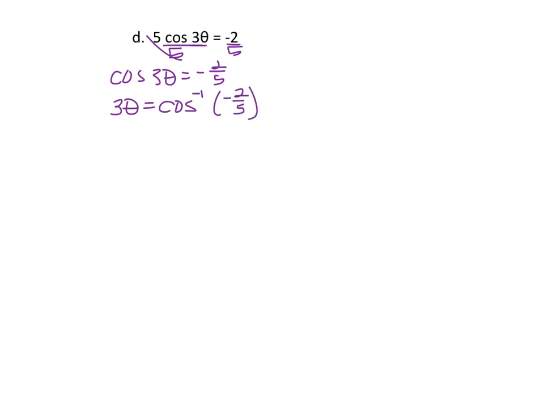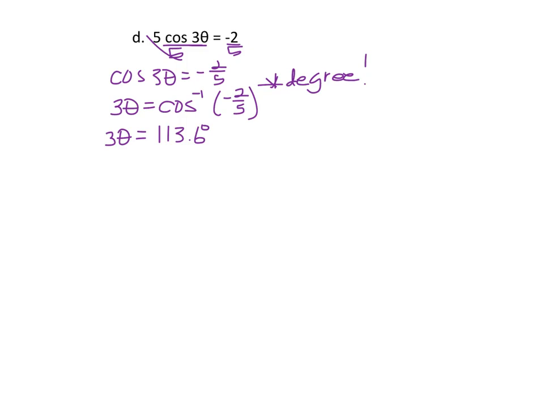Now 2/5 isn't one of our unit circle friendly locations, therefore we need to plug this into our calculator. And make sure your calculator is in degree mode. If you type in cosine inverse to the nearest tenth for -2/5, you would get 113.6 degrees.